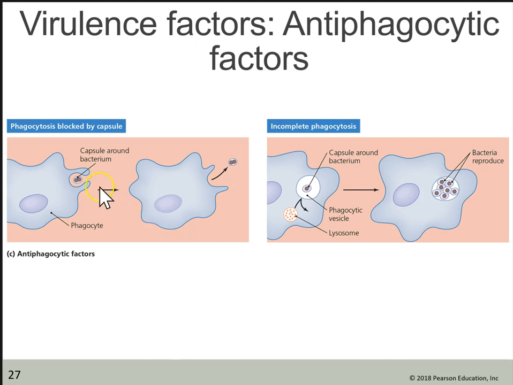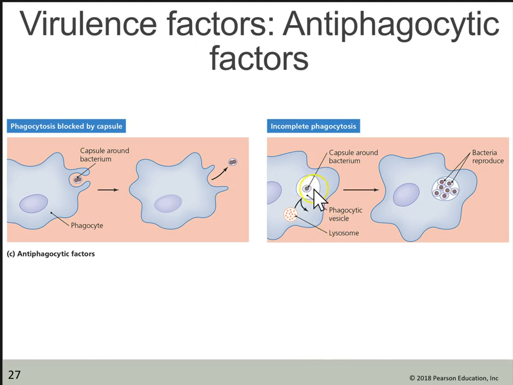Here we have a capsule that's bound to the bacteria, and we have a phagocyte. That capsule prevents the bacteria from being phagocytized by this phagocyte. You can also have incomplete phagocytosis. So in this particular case, we have a capsule around the bacteria, and the phagocyte has brought in that bacteria into a phagocytic vesicle.